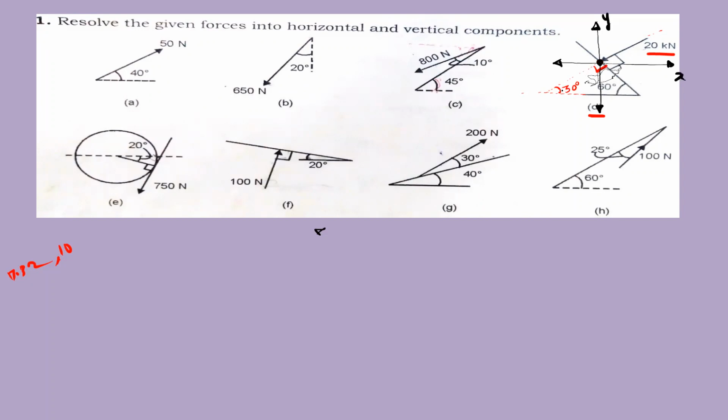This angle is 30 degrees for this line of action, so the angle with respect to the x axis will be 30 degrees. This is the force, which is 20 kilonewton, this is the x and y axes, and this angle is 30 degrees. So now you can resolve the force.